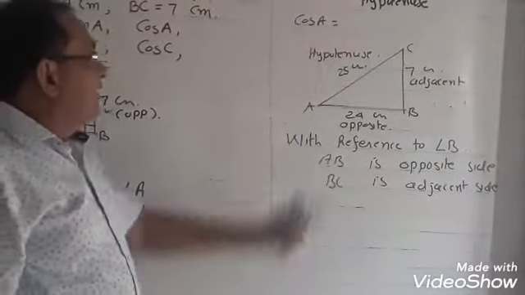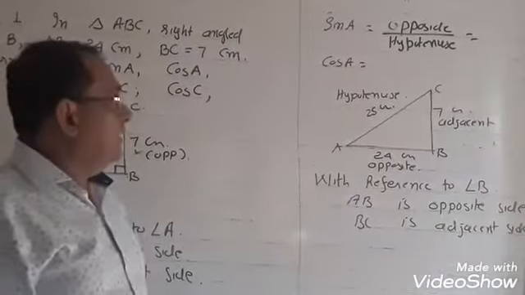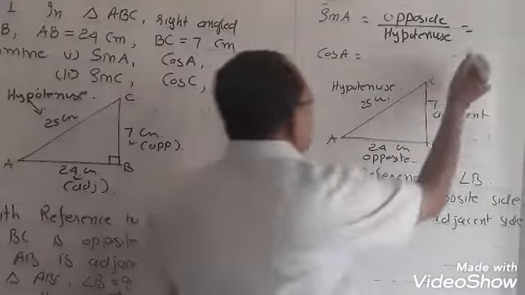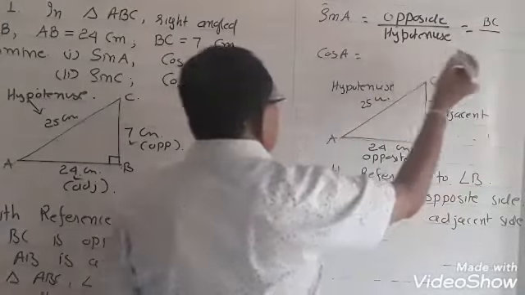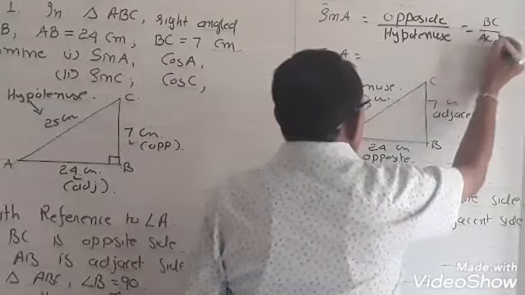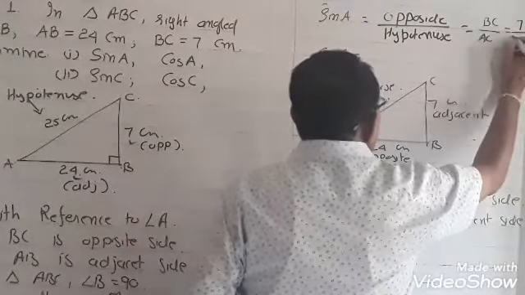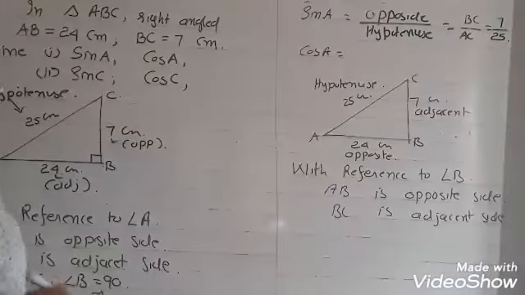During the study, sin A is equal to opposite side upon hypotenuse. Which is your opposite side? BC. Which is your hypotenuse? AC. What is the value of BC? 7. And what is this one? 25. Get it?